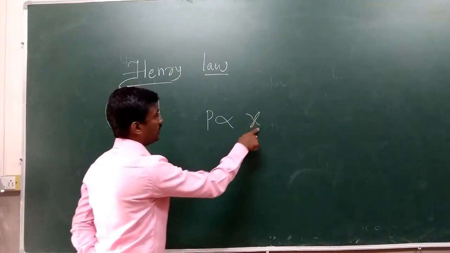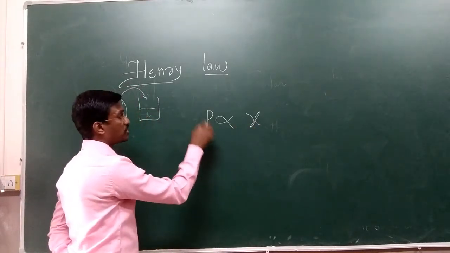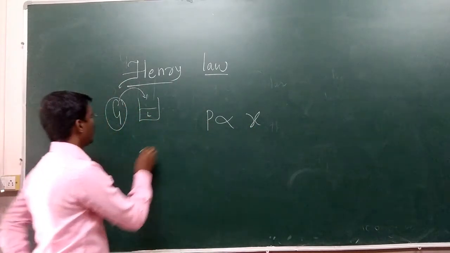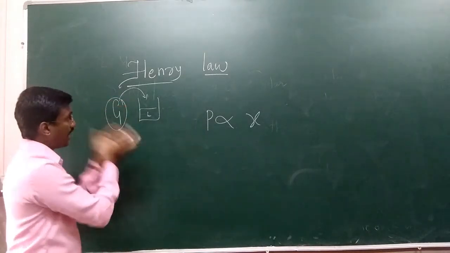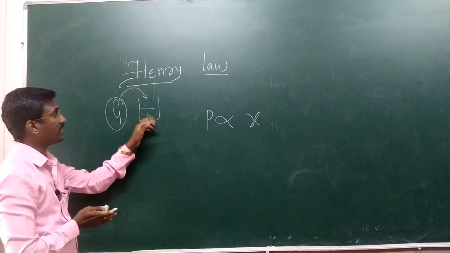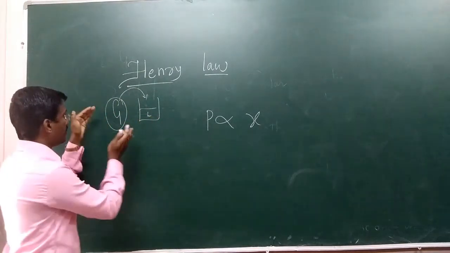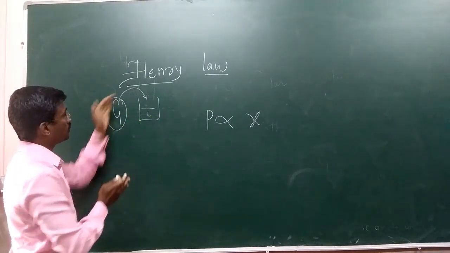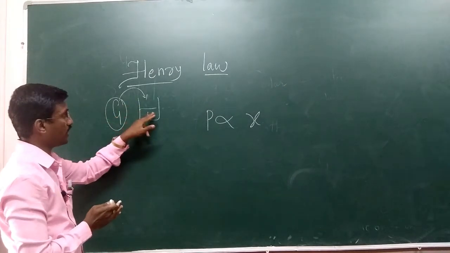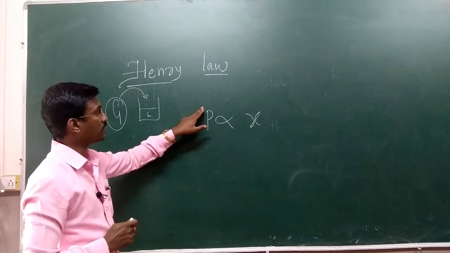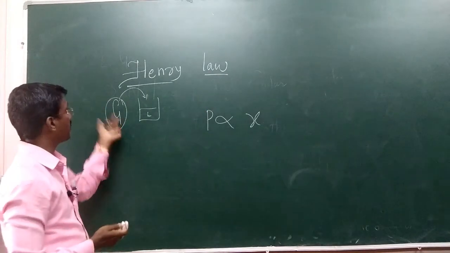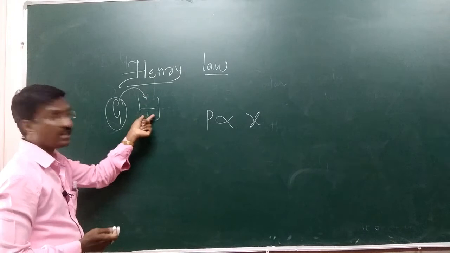The mole fraction of solute in a solution is directly proportional to the partial pressure of the gas. If we apply greater pressure on the gas, we get a larger number of gas particles in a solution. If we apply lesser pressure on the gas, the dissolution of the gaseous compound in the liquid is lesser. So if we apply greater pressure, we observe a greater number of gaseous molecules in a solution.